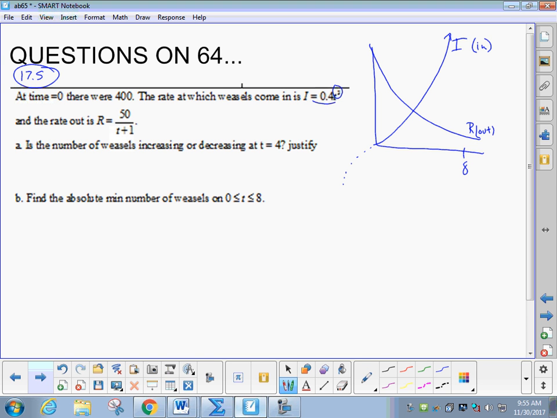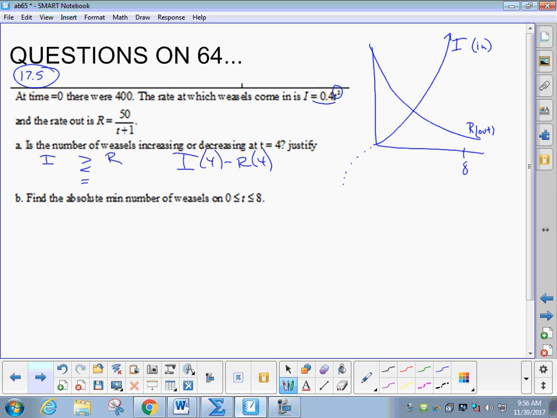Is the number of weasels increasing or decreasing at time 4, justified? Is it increasing or decreasing at time 4? Well, time 4 is somewhere. It'll be increasing if, what happens with 2 rates? If the rate in minus the rate out is positive. So you can either compare rate in versus out at 4 in an inequality form, or you could say, what is the combined rate in minus out at 4, and what's the sign? They're both fine.